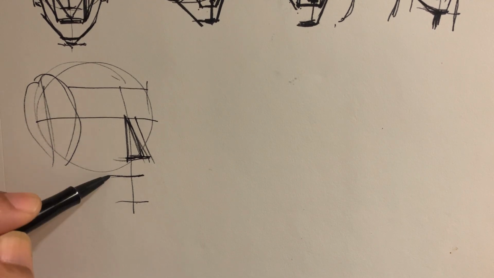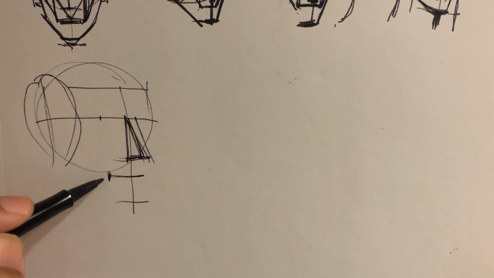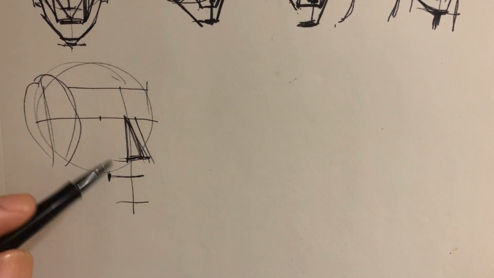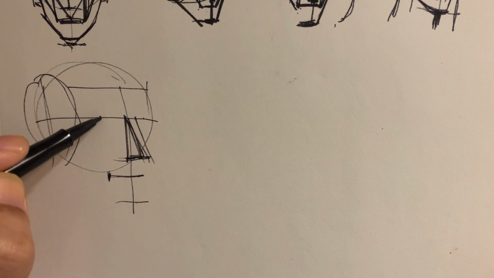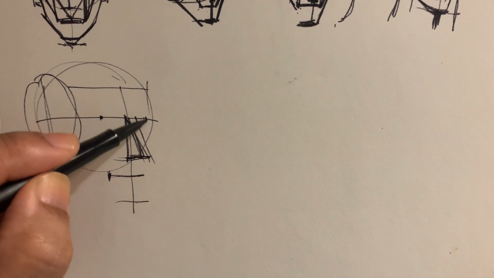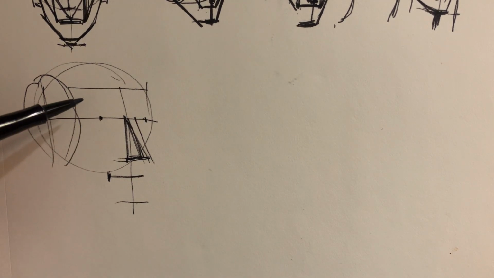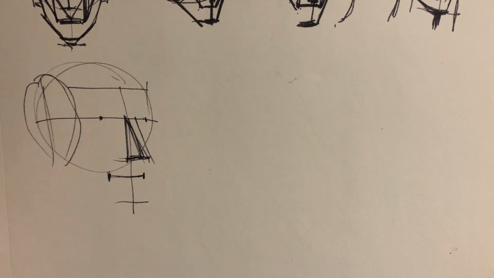And this determines, right here, the corner of the mouth. So again, it's relative, because if this is the middle, then that's the middle of there. So it's actually turning away, but just keep everything relative and it'll be all right.